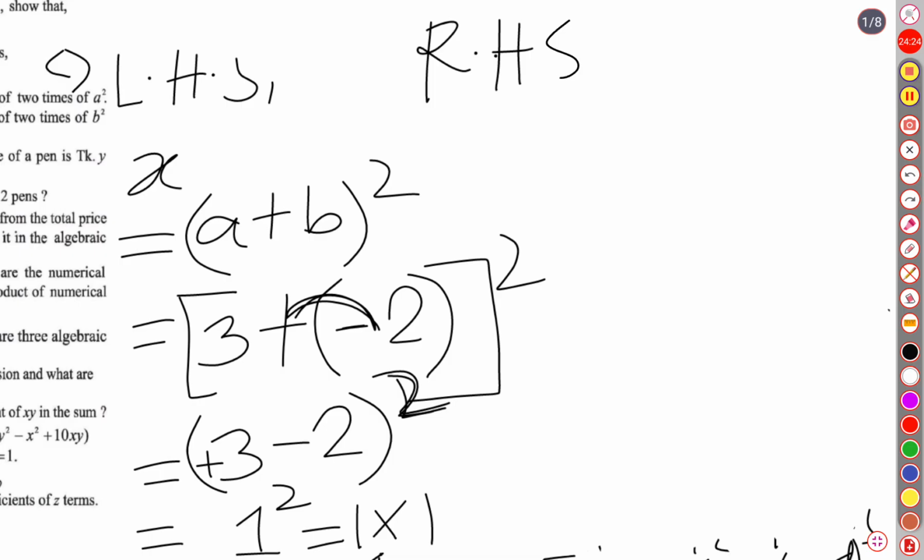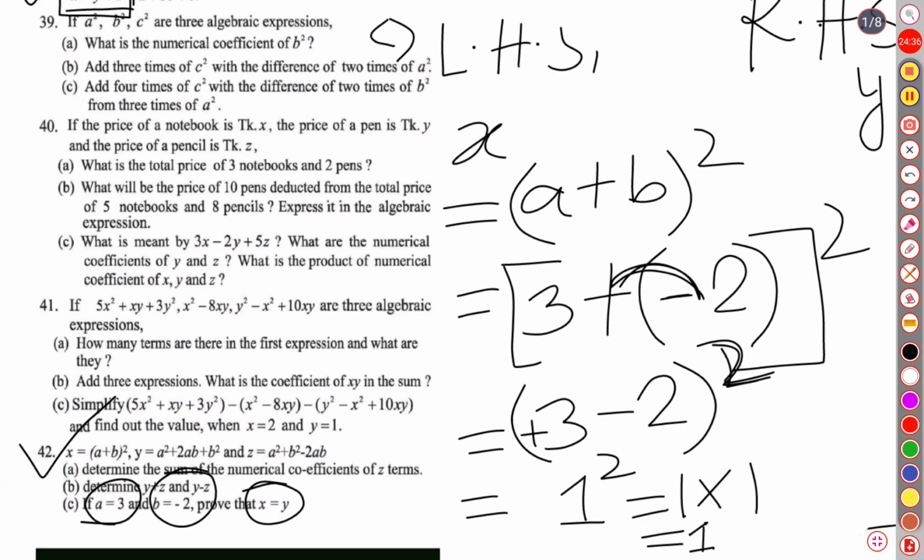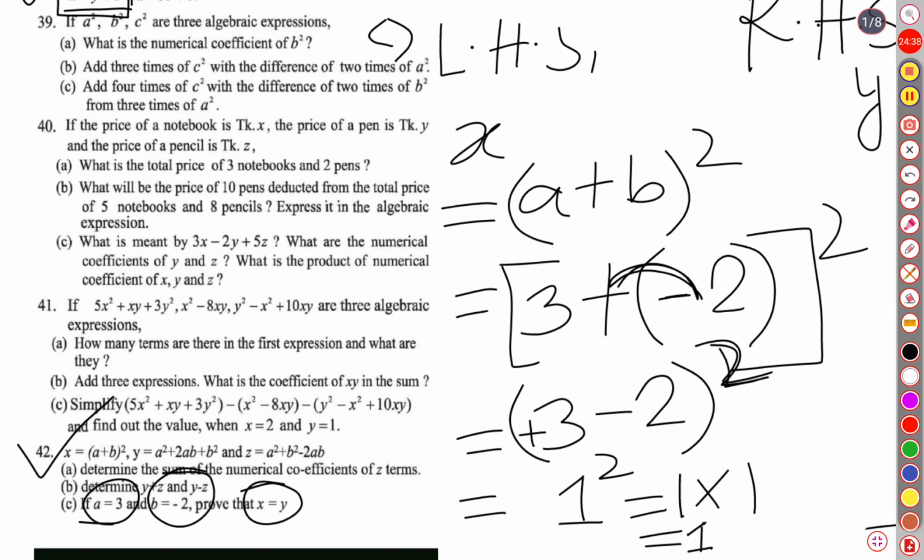Right hand side, it was Y. And Y is equal to what? We have come to know that Y is equal to a square plus 2ab plus b square. This is a square plus twice ab plus b square.